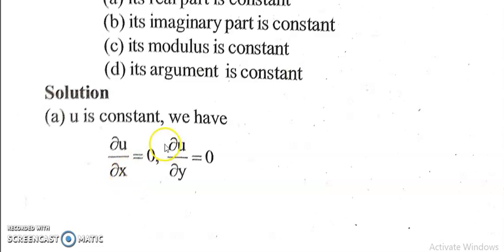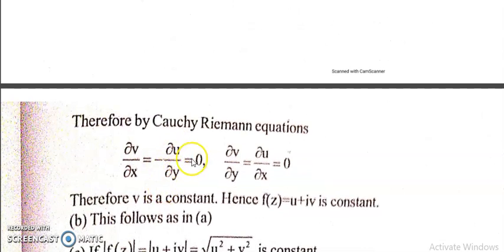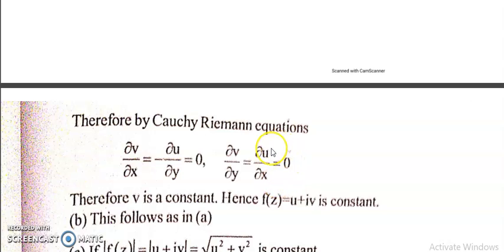Also, what about the previous step? Dou u by dou x and dou u by dou y are 0. So we substitute dou u by dou y is 0, dou u by dou x is 0. So this particular term is 0 and this particular term is 0. From this we say dou v by dou x is 0, dou v by dou y is 0. Since uy is 0 and ux is 0, using the Cauchy-Riemann equation, vx is equal to 0 and vy is equal to 0.